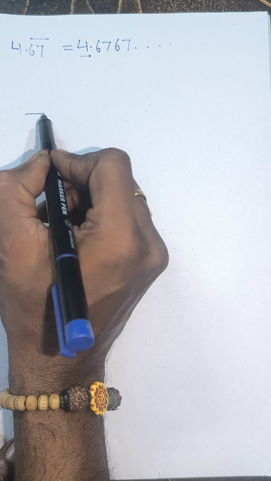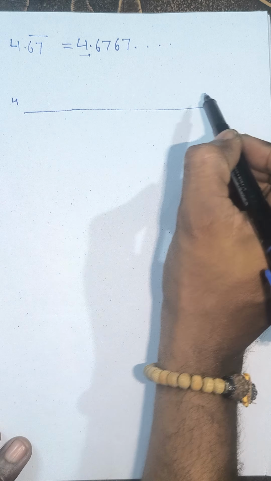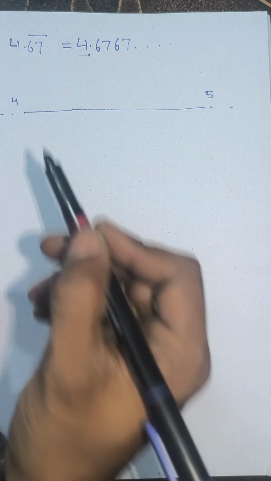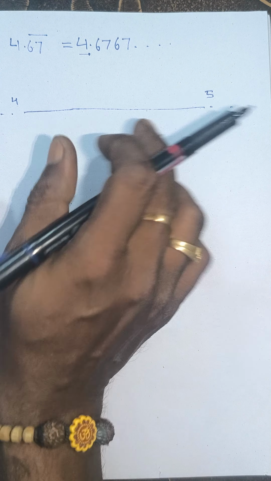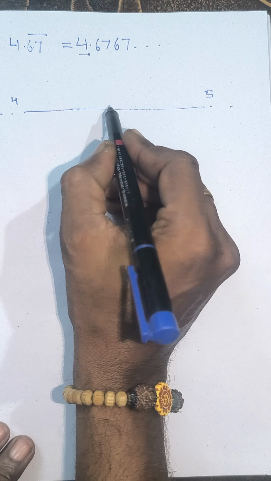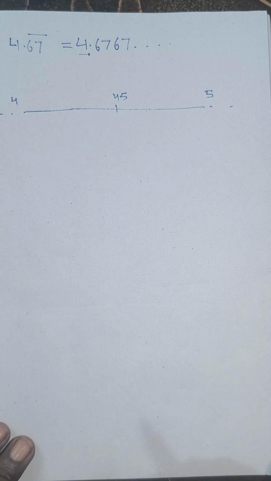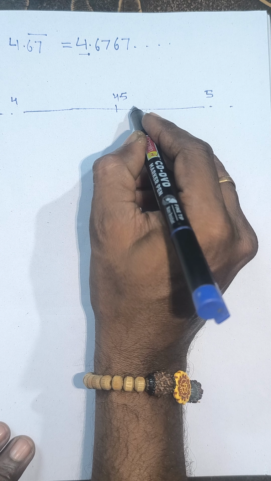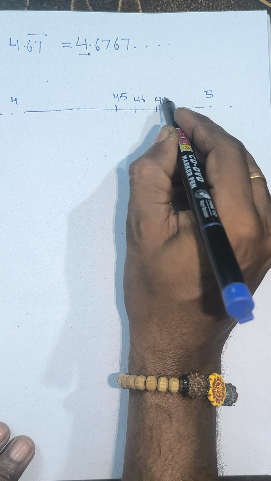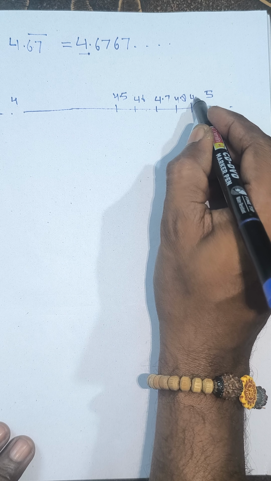So here is the number line. This is 4, this is 5. If we divide 4 and 5 into 10 parts, in between we will have 4.5, then 4.6, then 4.7, then 4.8, then 4.9.